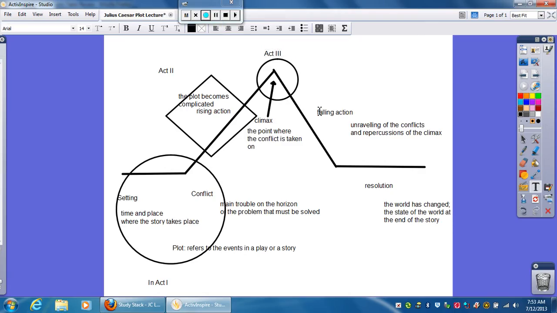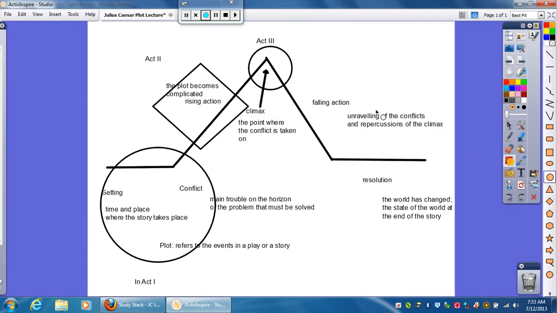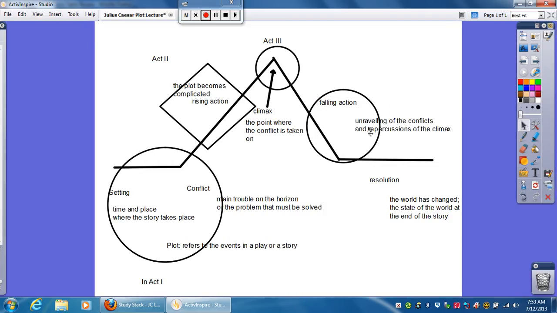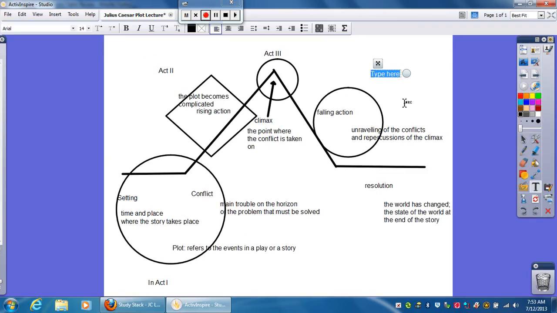And in fact, if I move on then to the falling action, and I'm going to see if I can move my little circle. No, that's what I want to move. Falling action always happens then in Act 4 and into Act 5 sometimes. There's no cut border between the two, but just heads up, Act 4 is usually falling action.